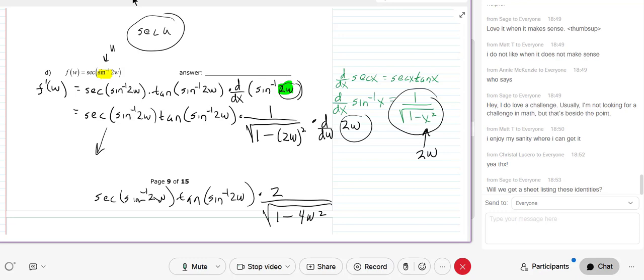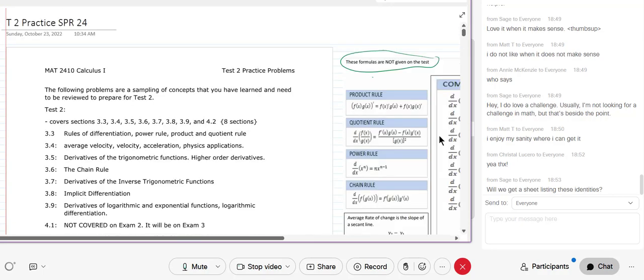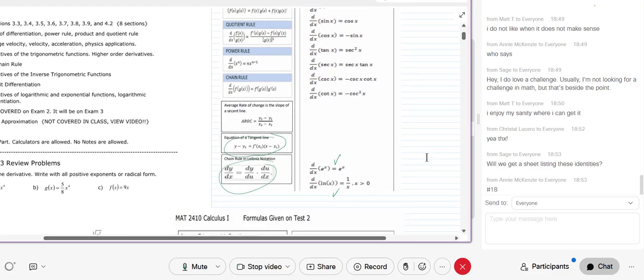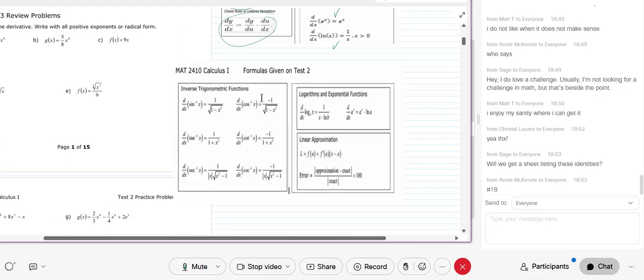Okay, will we get a sheet listing these identities? You will get a sheet. If you look at week 9, this is kind of what you're going to see here. You will get these formulas right here. This is all I give you. I give you the derivative rules for the inverse trig functions, the rules for logarithm and exponential, and I give you the linear approximating formula as well.